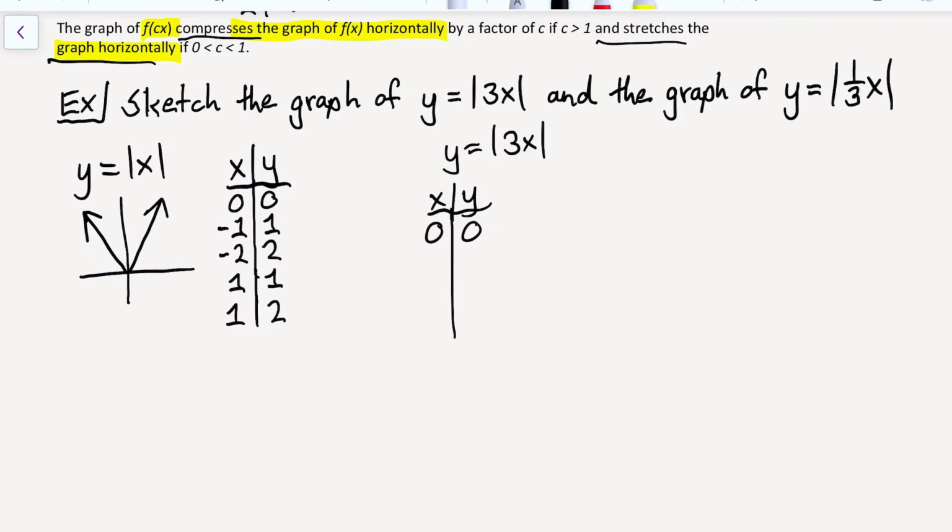So I would still have the point 0, 0, but then I would have the point negative 1/3, 1, negative 2/3, 2, and so on.